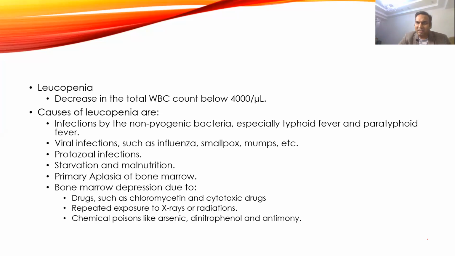Then protozoal infection, malnutrition, and aplastic bone marrow all decrease WBC count. Many times when a patient goes under some therapy that depresses the bone marrow, like a patient on cancer treatment, cytotoxic drugs can decrease the WBC count and RBC count. When you are repeatedly exposed to X-rays, there is also a decrease in WBC count. And some poisons like arsenic or antimony also decrease WBC count.